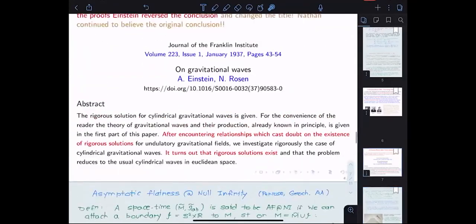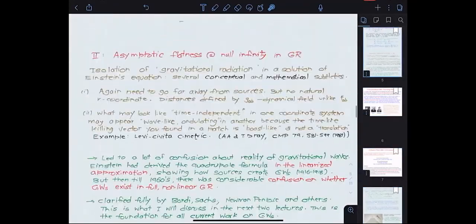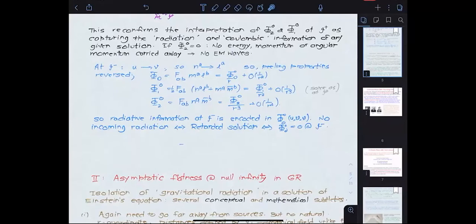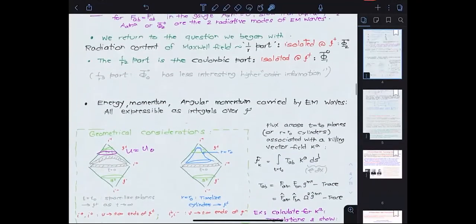I could have done this in a coordinate independent way from the beginning, but then people might find it too abstract. Mathematical people probably would like that, but many of the physics people might find it too abstract and would not be able to understand the connection. So what I did here is to really talk about the coordinate independence. The statement is that this phi 2 naught is actually Lorentz invariant.